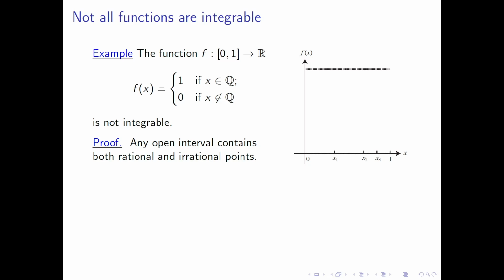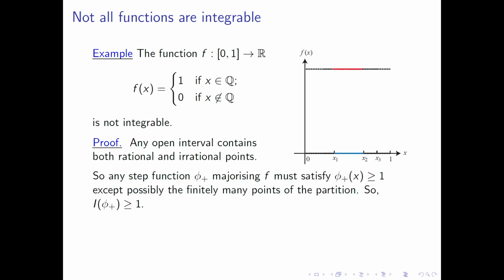So phi minus, because it's strictly below f and constant on one of these open intervals, the largest it can be on any of those open intervals is 0. And the smallest phi plus can be is 1. So any majorant phi plus for f is greater than or equal to 1, except possibly at the finitely many breakpoints of the partition.